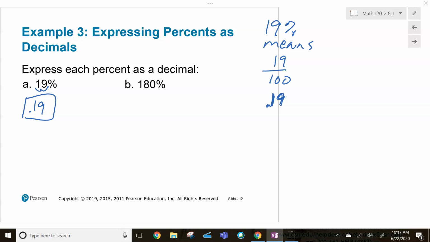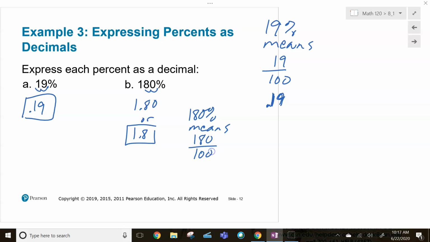180%, move it left 2, so 1.80, or we don't need to put a 0 on the end, so that is 1.8. Again, what does that mean? 180% means 180 per 100.